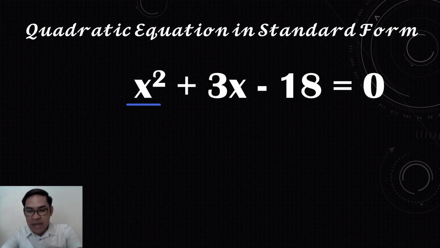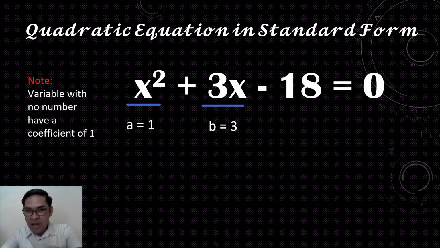So from this example, can you identify the value of a? a is equal to 1. Great. How about b? b is equal to 3. And how about c? c is equal to negative 18. Great.